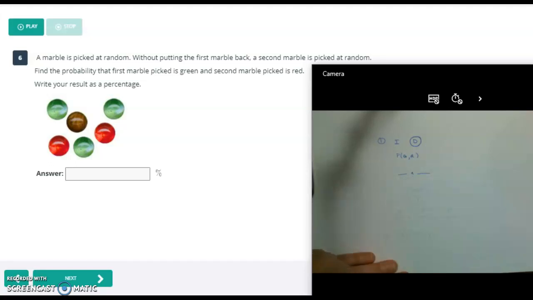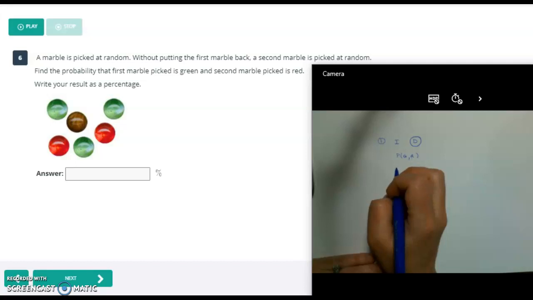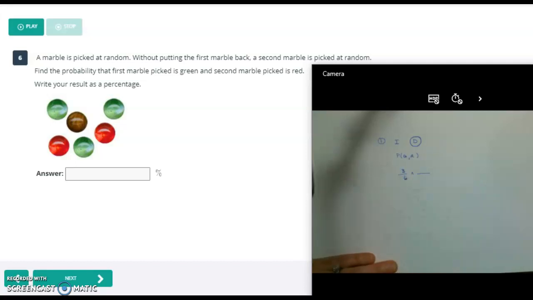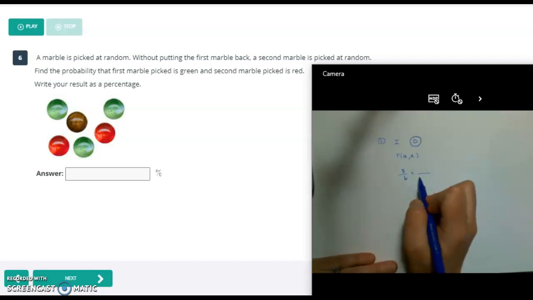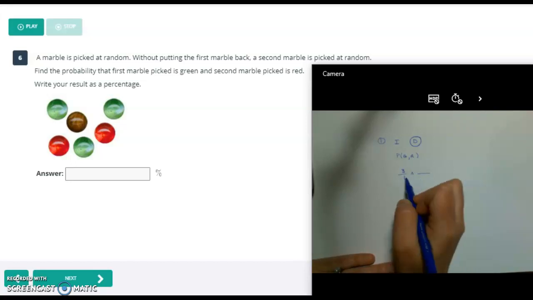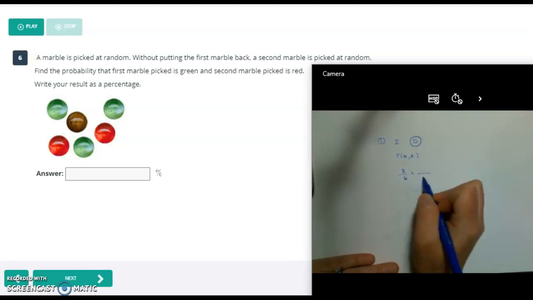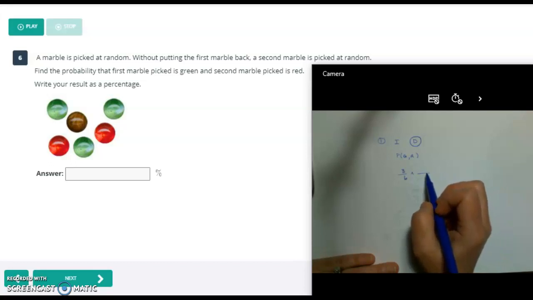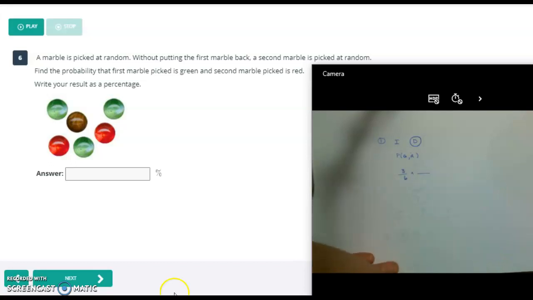Okay, so let's start with our probability of green. The probability of getting a green is 3 out of 6. We could simplify that. The next ratio now assumes that a green was picked. This is a dependent event. I always say if it's dependent, your denominator is going to go down. Dependent denominator down. So we're going to assume that that green is gone.